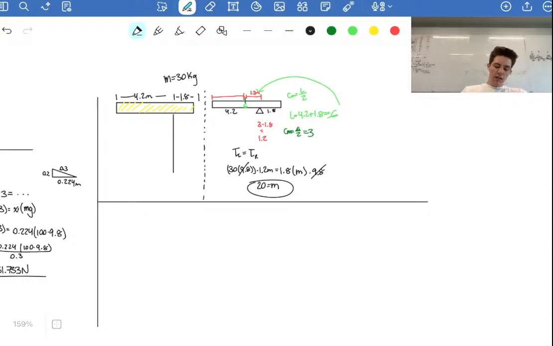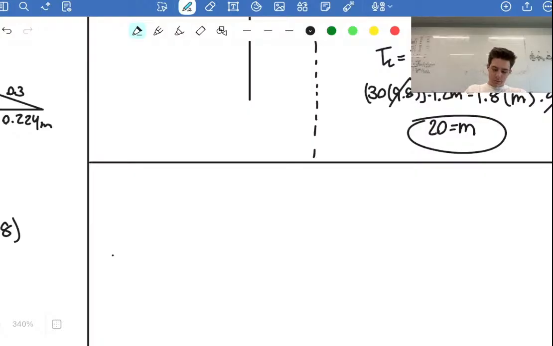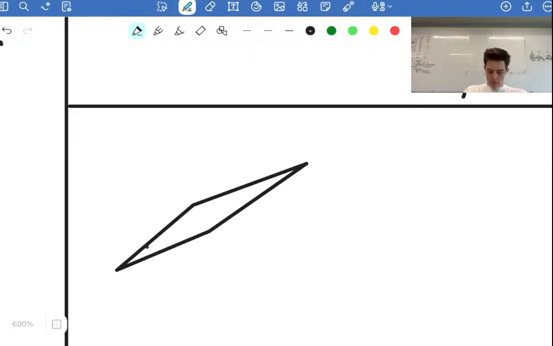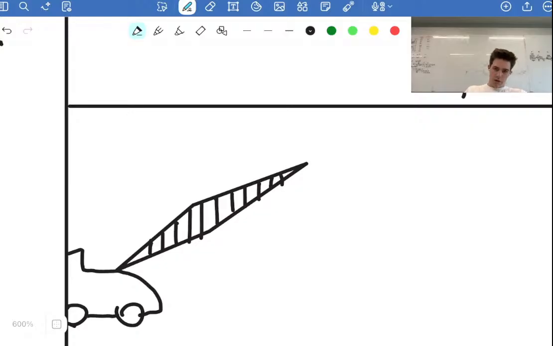Okay, let me draw the crane. So this is a crane, or a crane type vehicle.